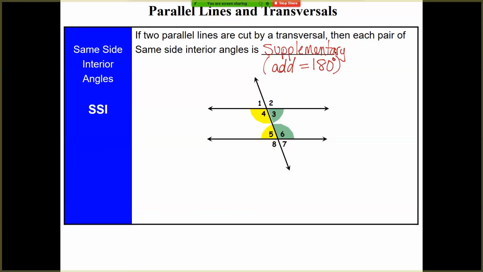So here I've highlighted your same side interior angles, so 4 and 5, and 3 and 6. If I would take the angle measure for 4, add to it the angle measure for 5, it has to equal 180 degrees. The same thing's true if I would take angle 3 plus angle 6, it's got to equal 180 degrees because they're supplementary.